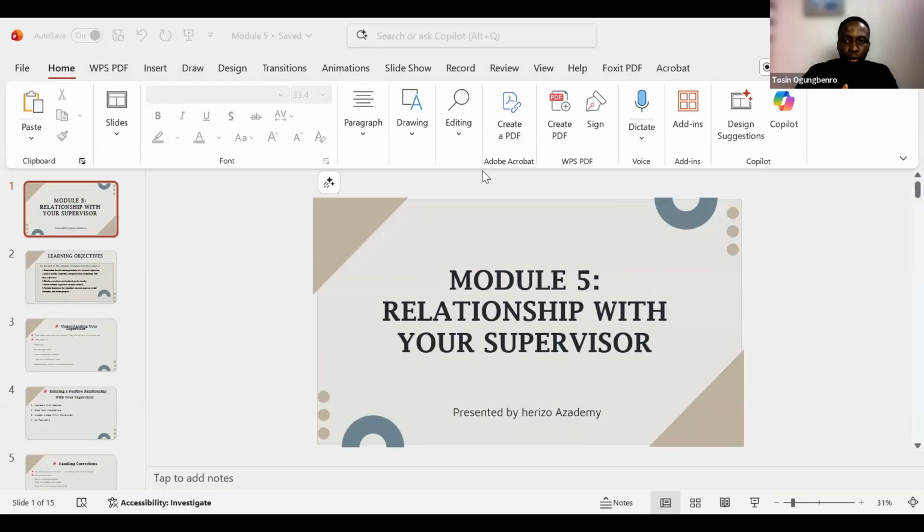Probably I'm going to touch on some aspect of research methodology, but my main aim is to manage your project. So that's going to be my aim for today. I'm going to be sharing my screen very soon, like right away. Going to be treating today is your relationship with your supervisor.